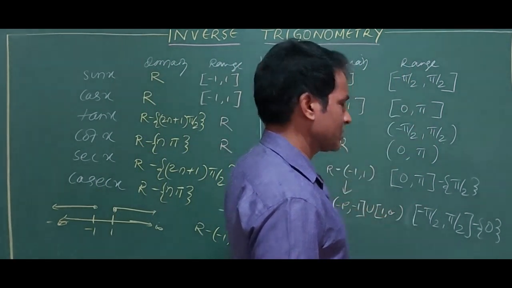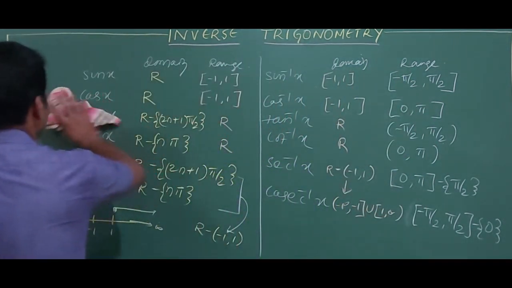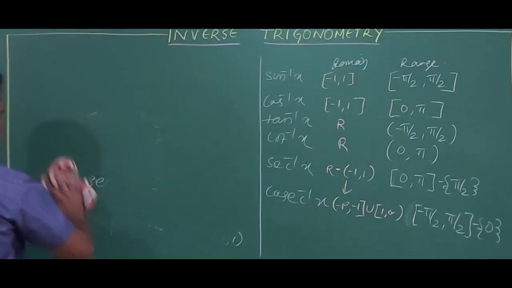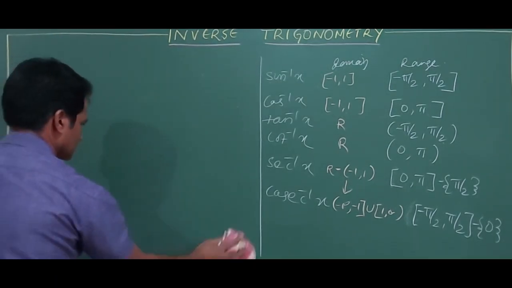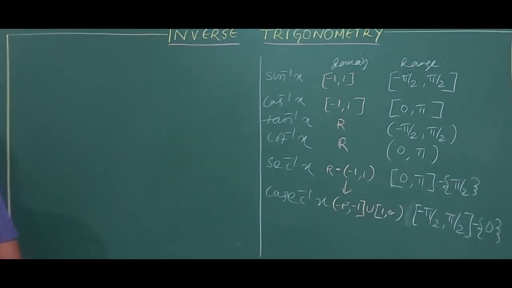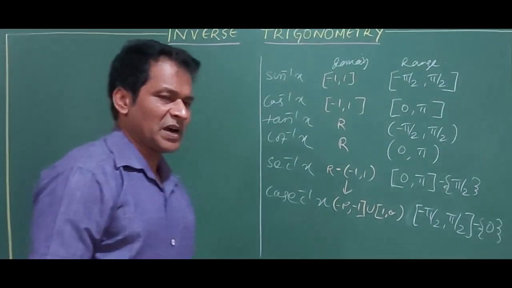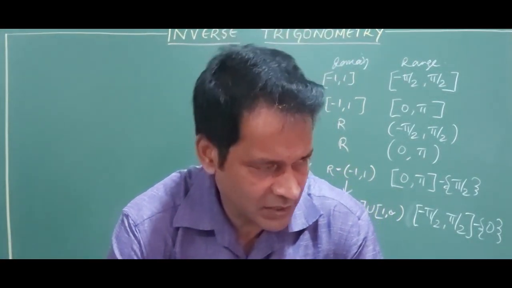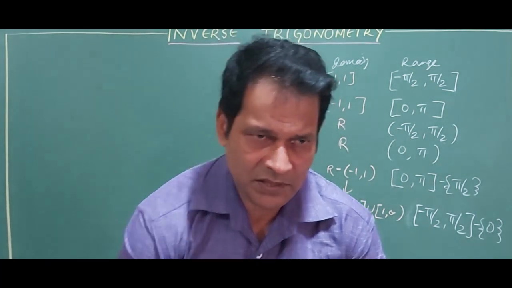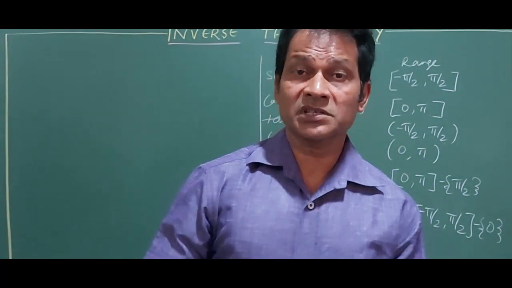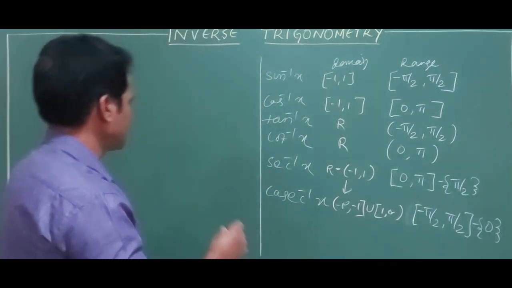Why is this happening? You might have studied how to find the graph of an inverse function. If you have not studied it, I am telling you. Suppose y equals f(x) is a function. How do we find the inverse of it?